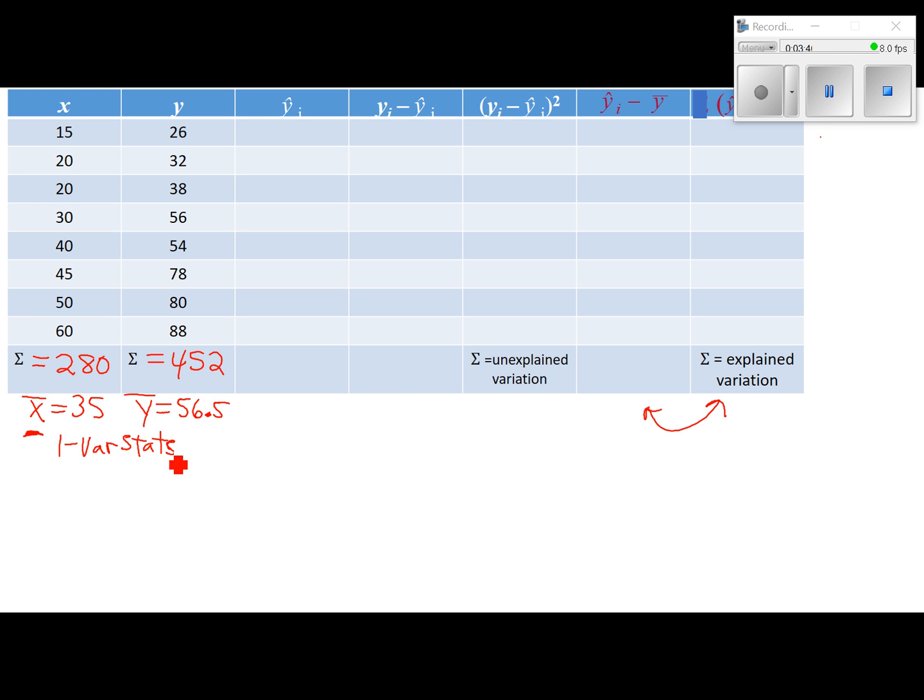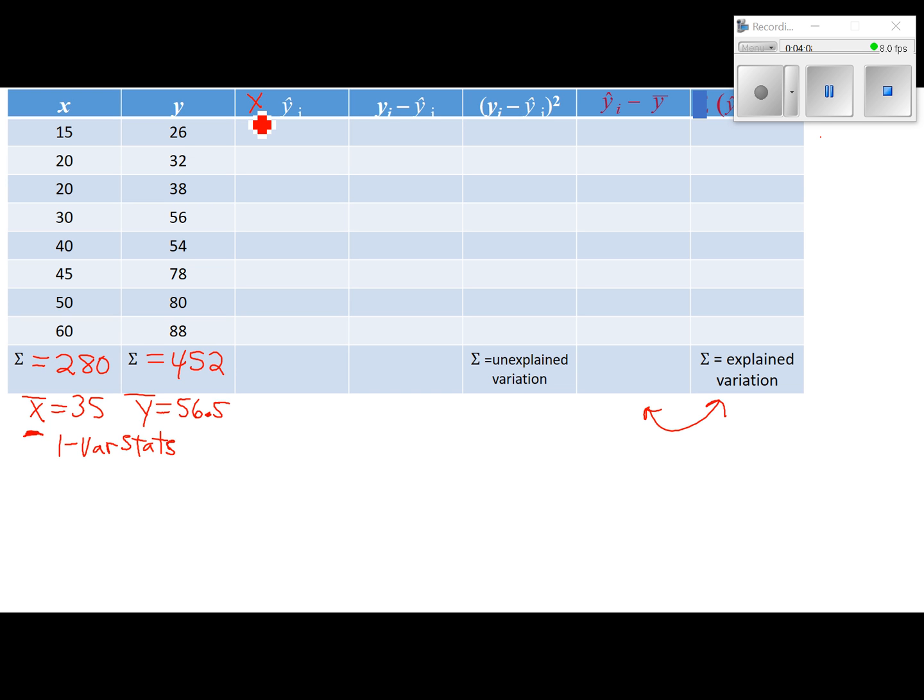On this next column, this again is the hardest column to do. What you have to do is take your equation, and I'm sorry I forgot to write down the equation. They told us, and we could have found the equation ourselves by finding A and B on our calculator.